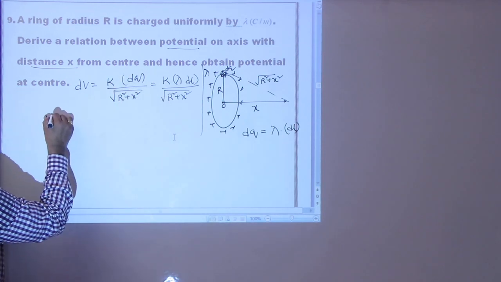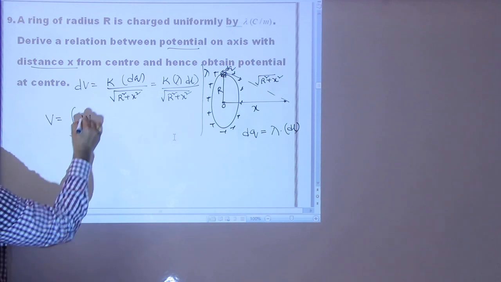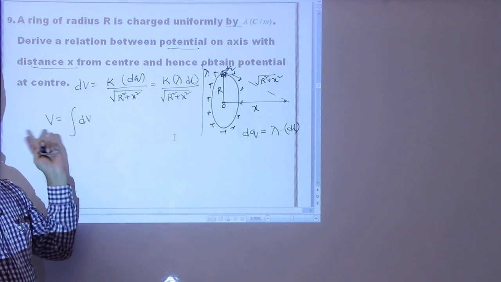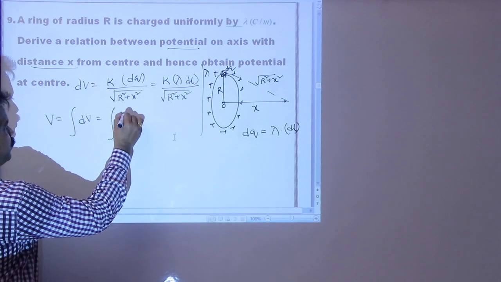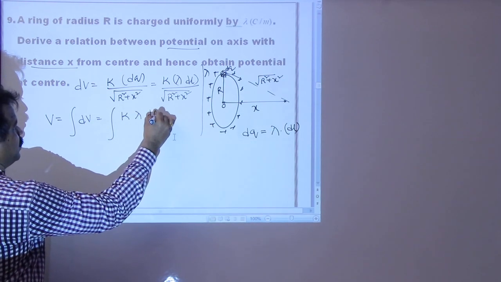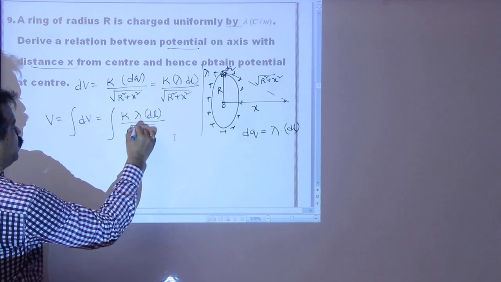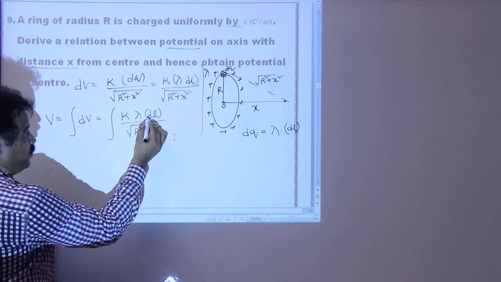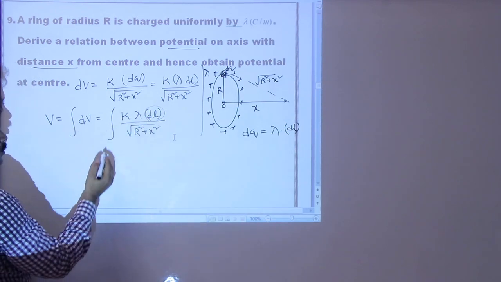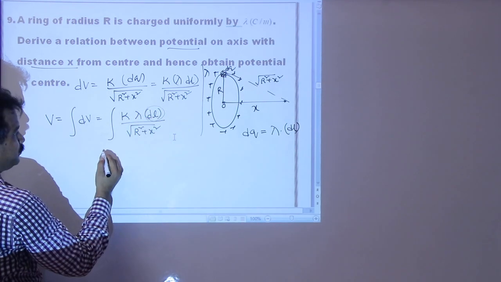To find the total potential, integrate this value. As it is a scalar quantity, there is no need to convert this into components. Directly you just integrate. So integral dv is given by k lambda dl by root over r square plus x square. But what is the variable here? dl is the only variable.